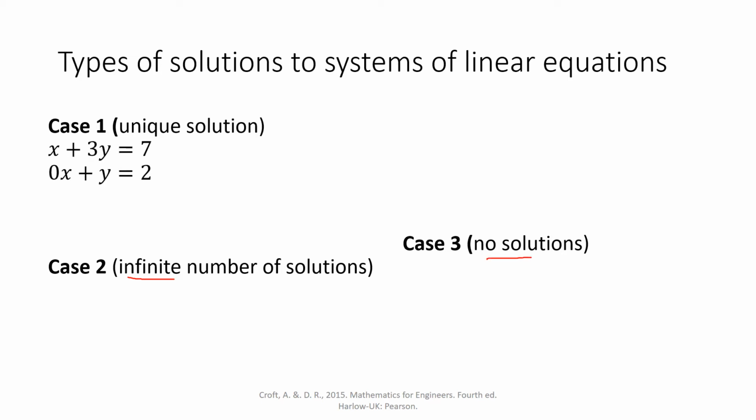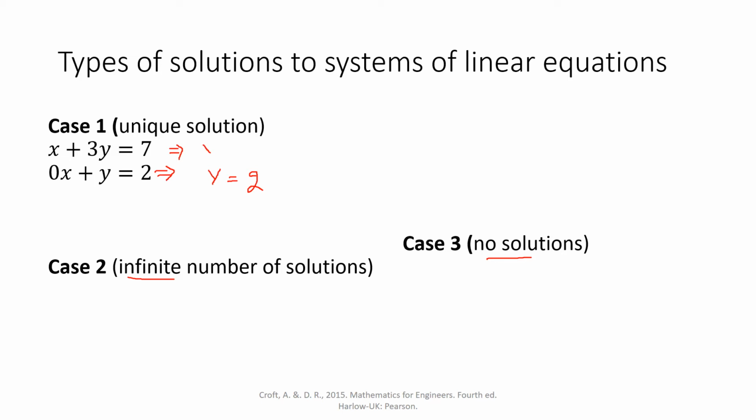So if we have this kind of system, the second row simply gives us y equals 2, and then we plug this value in the first one.